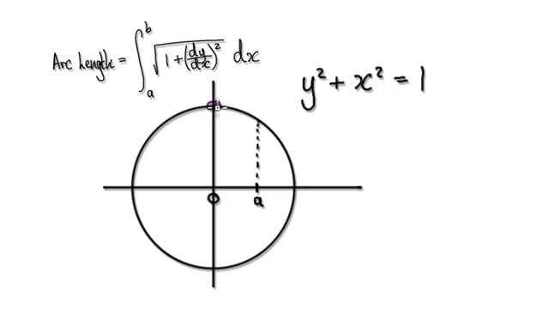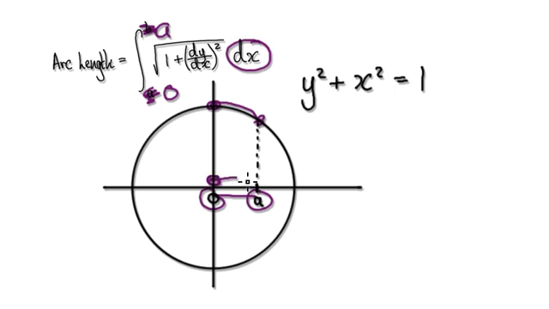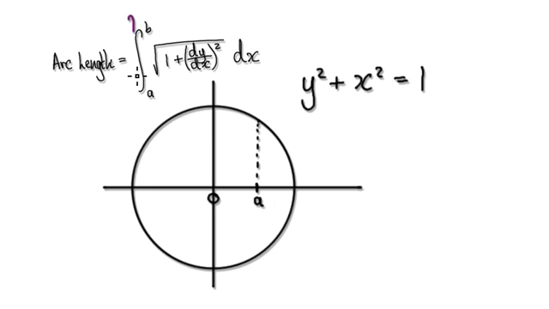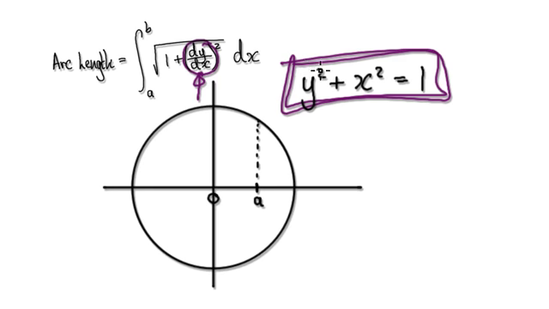So let's say we're trying to find the arc length of a circle from 0 to a. So in this case, from 0 to a in the x direction. Okay, so looking at the formula, the arc length is given by this. We need to find dy by dx. So the equation of a circle is given by this.